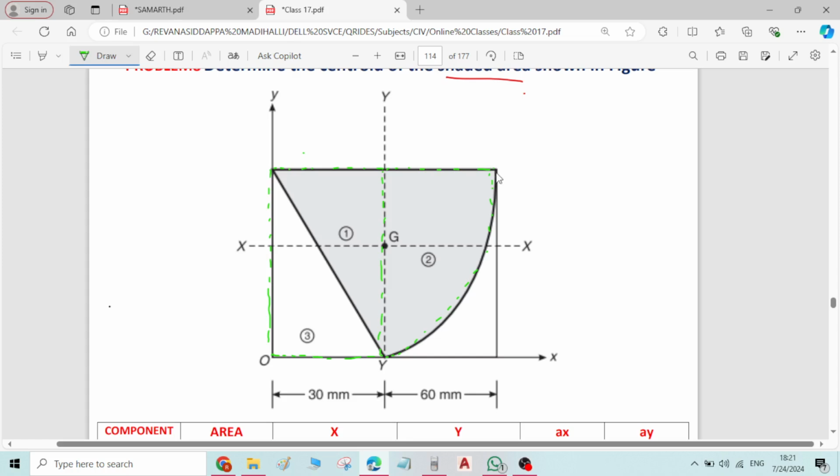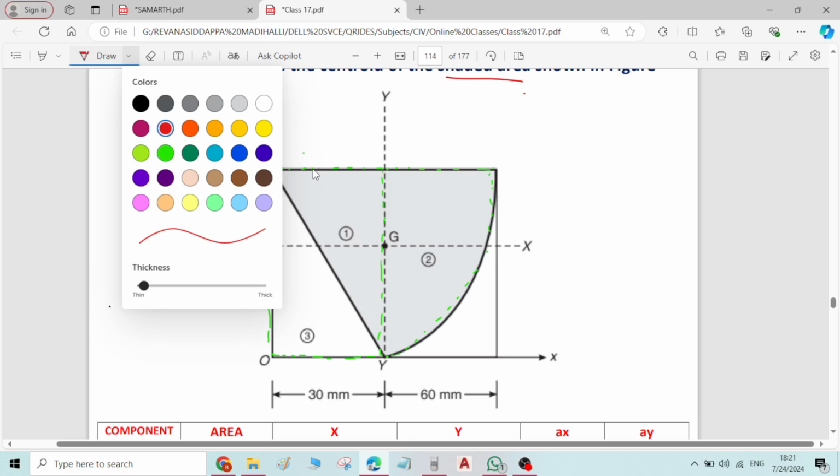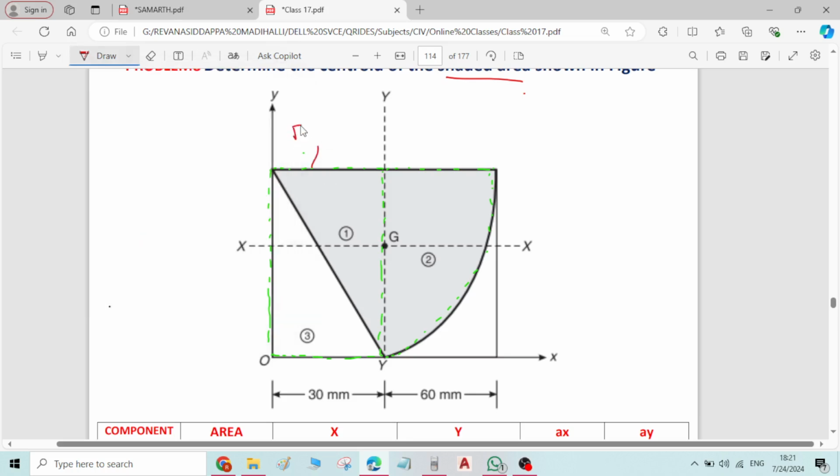So to get the area of the shaded portion, area of rectangle 1 plus area of quadrant of the circle, minus area of this right angle triangle will give the area of the shaded portion.